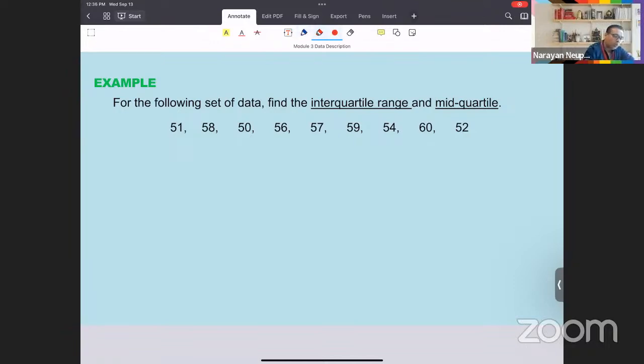Interquartile range IQR is Q3 minus Q1, and mid-quartile MQ is Q3 plus Q1 divided by 2. So to find the interquartile range, you need Q1 and Q3, and also to find the mid-quartile, you need Q1 and Q3.